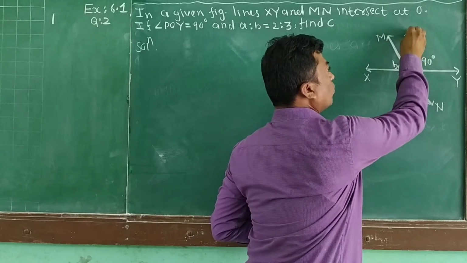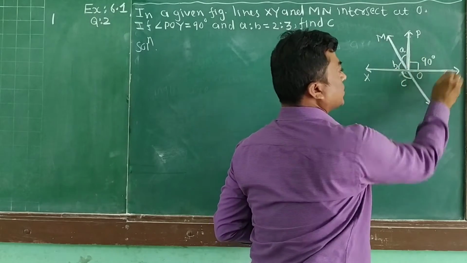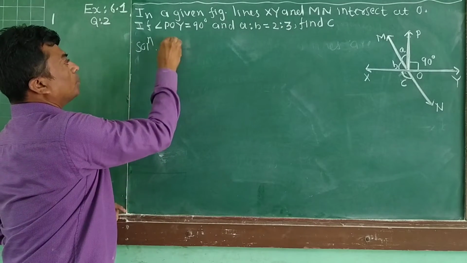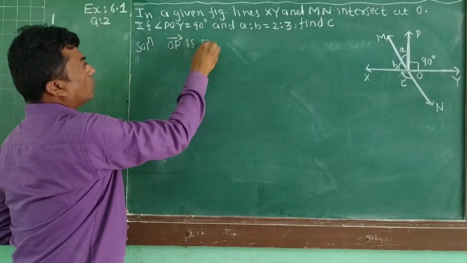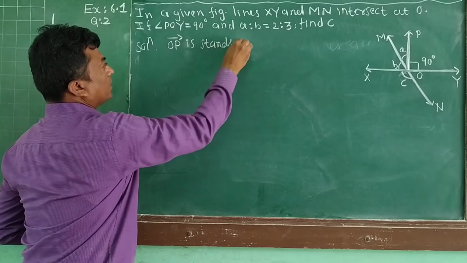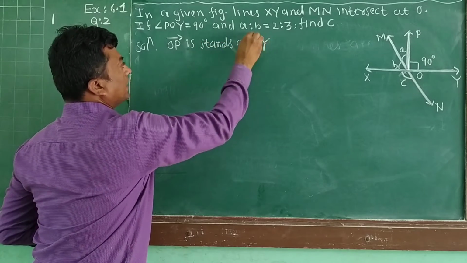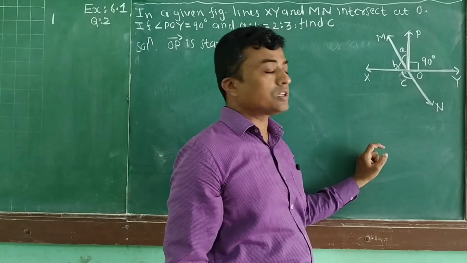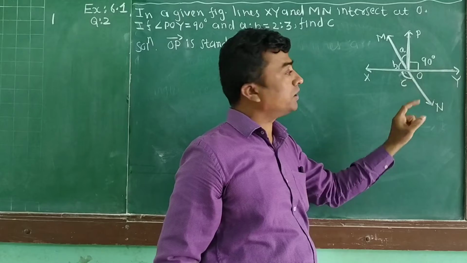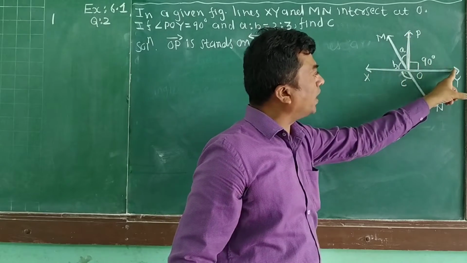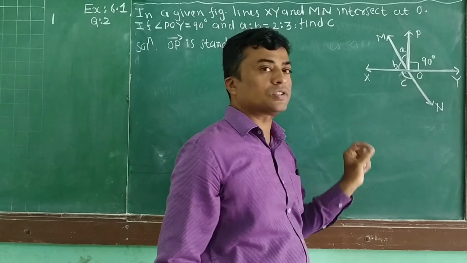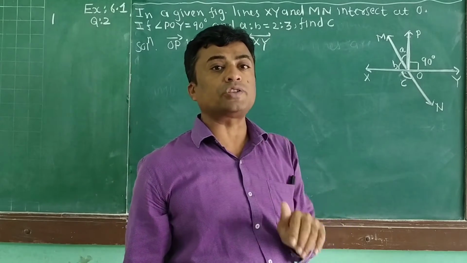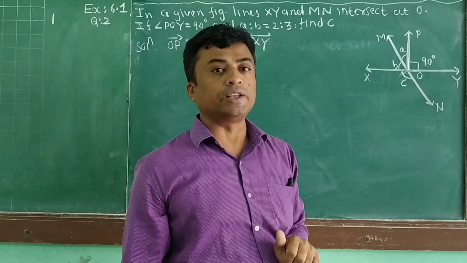This ray OP stands on line XY. So angle POY and angle POX both are adjacent angles, and according to the linear pair axiom, their sum is 180 degrees.